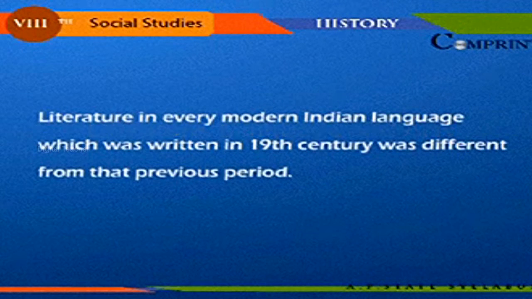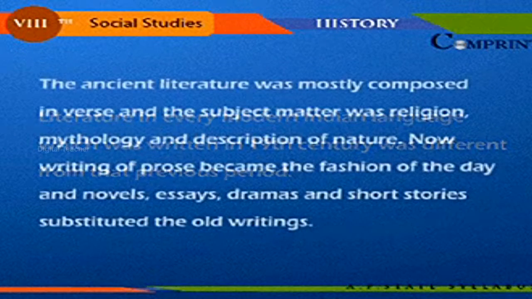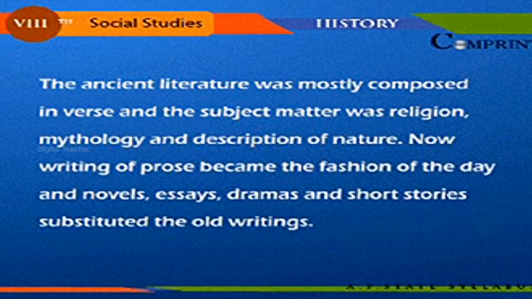Literature, language and arts. Literature in every modern Indian language which was written in 19th century was different from that of previous period. The ancient literature was mostly composed in verse and the subject matter was religion, mythology and description of nature.